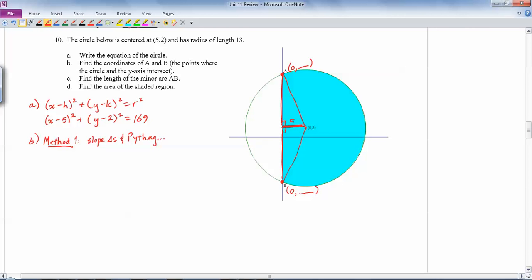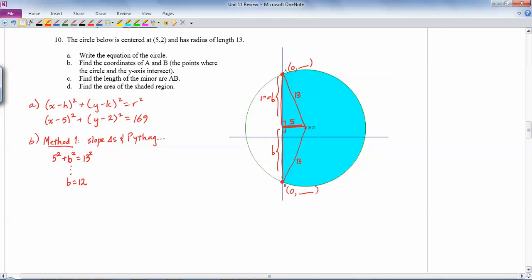So this is just 5 units across. I know the radius is 13 from the problem. So I'm going to call the height of the triangle B here. B and B. So 5 squared plus B squared, it's going to be 13 squared. And if you work this out a little bit, you end up with B equals 12.